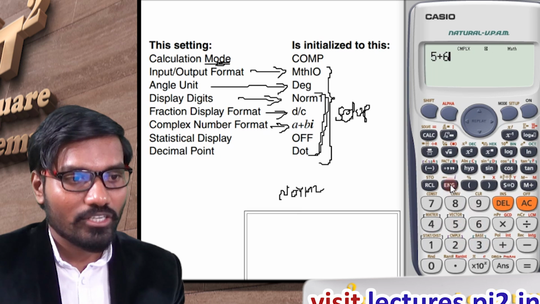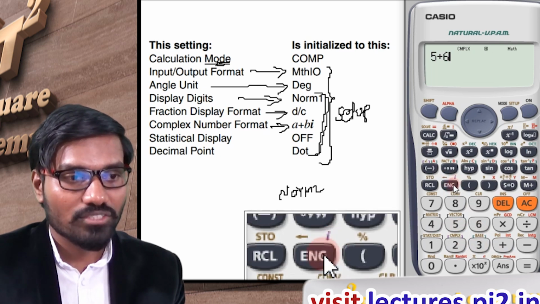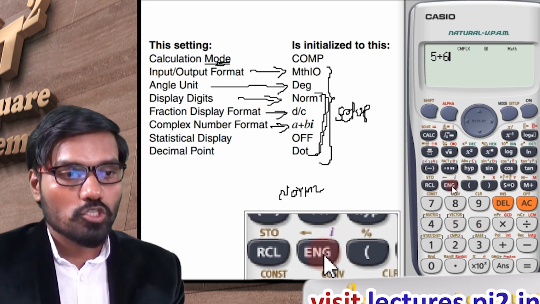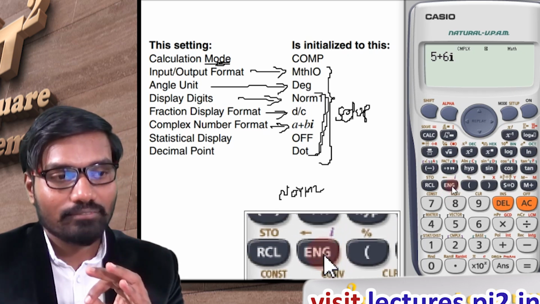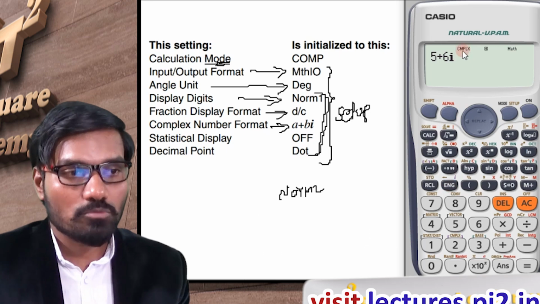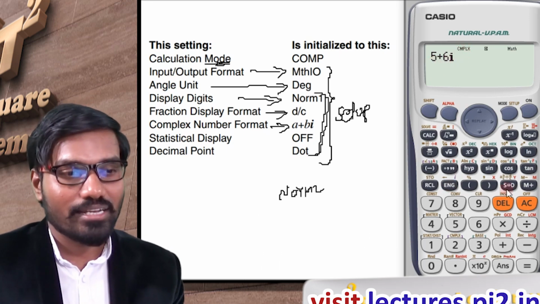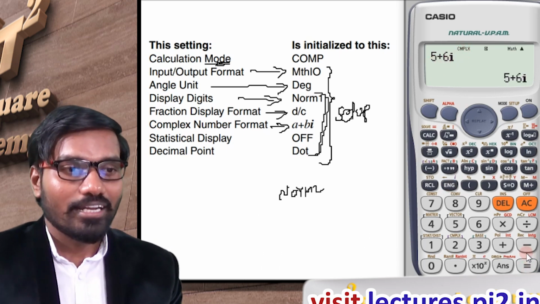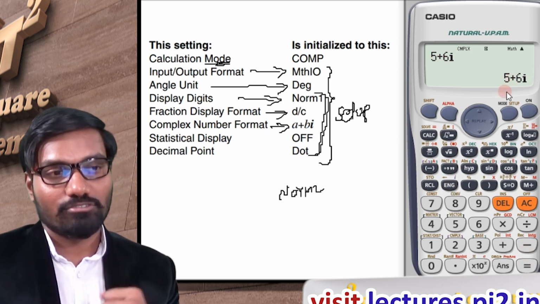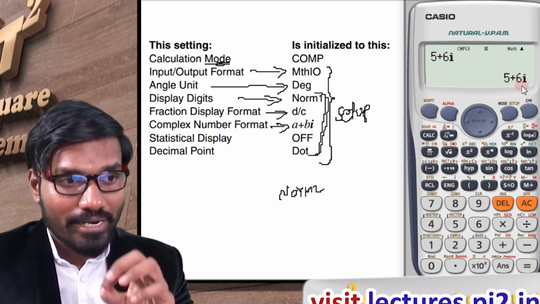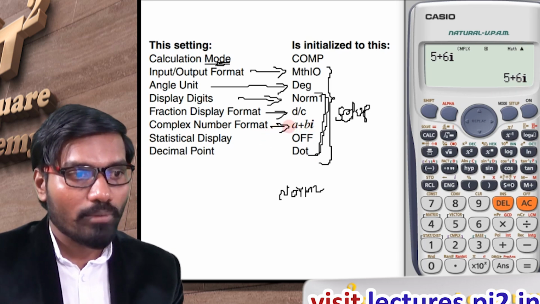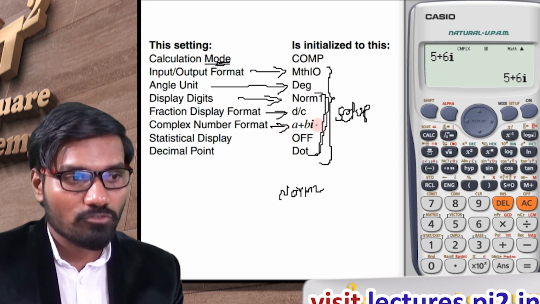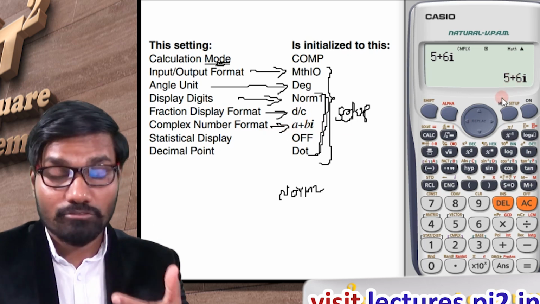Here the i is there, the violet one just above engineering, to activate that directly press this. That will be active only when the calculator is in complex mode. Now 5 plus 6i, I'm entering equals, it shows 5 plus 6i itself, because by default the result is displayed in rectangular or Cartesian format. That's the default setting.